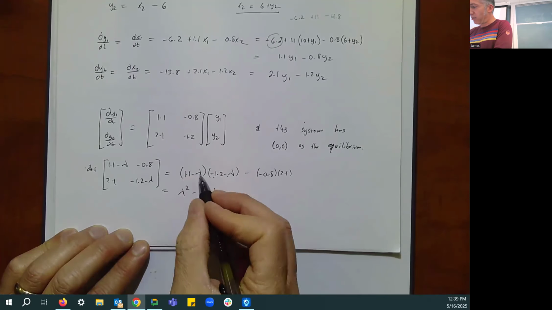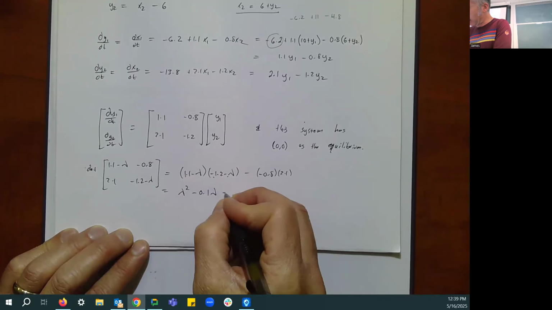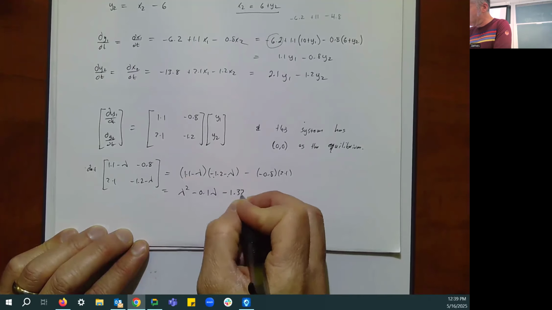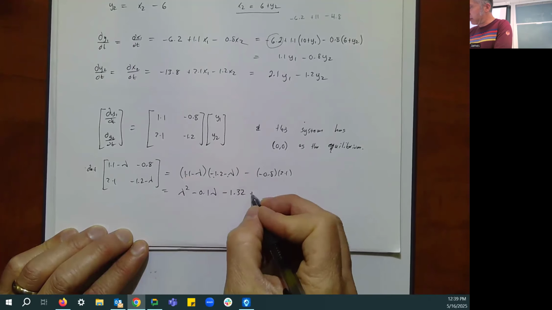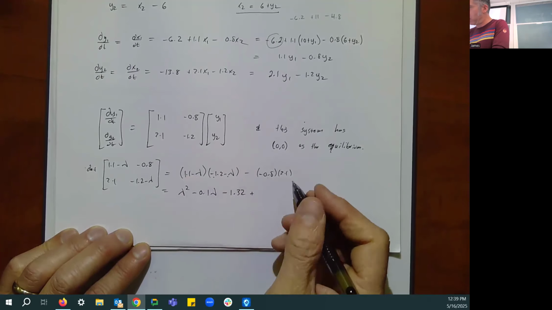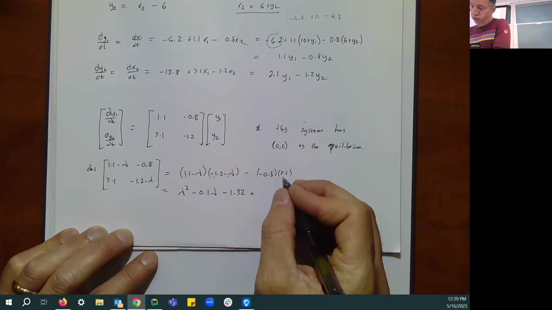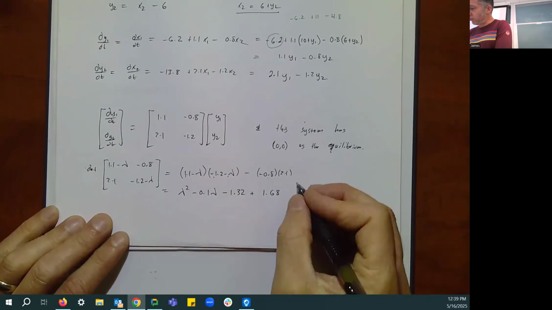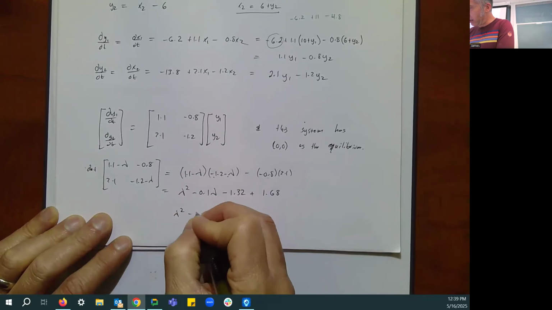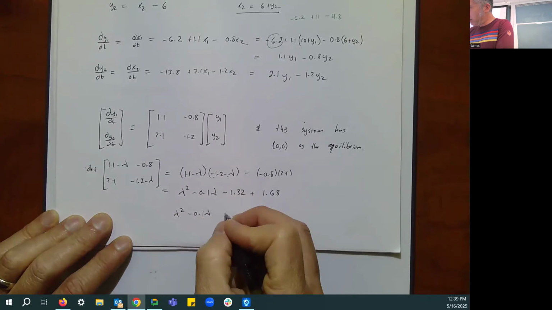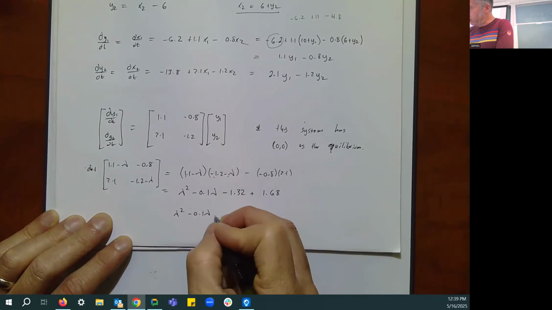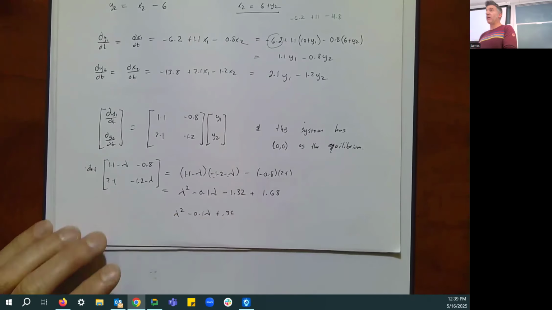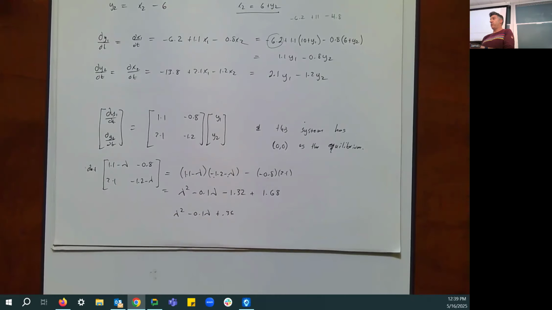Then 1.1 times negative 1.2 is negative 1.32, plus 0.8 times 2.1, which is 1.68. So we get lambda squared minus 0.1 lambda plus 0.36. We see the same values coming up again that we used when we found the trace-determinant.